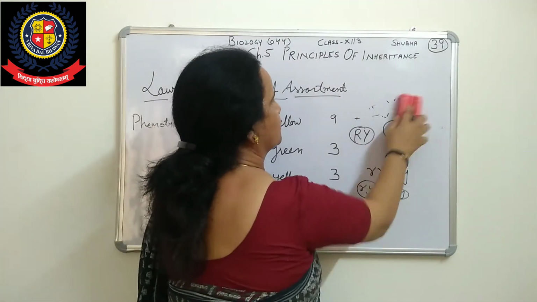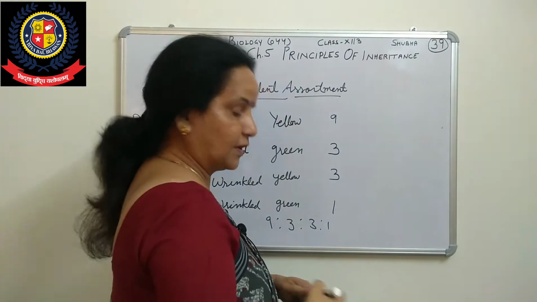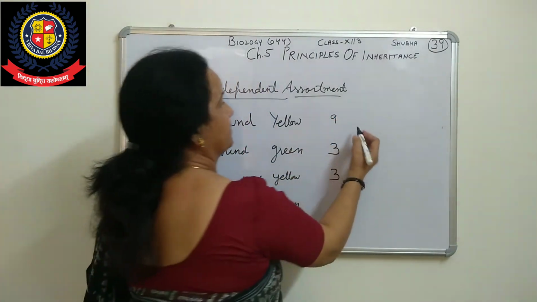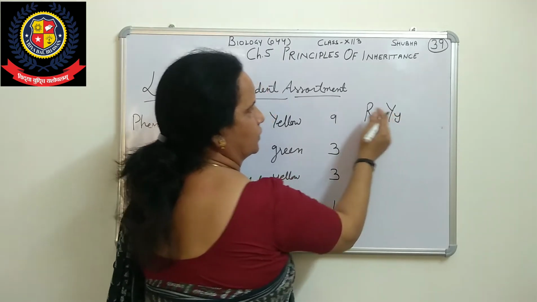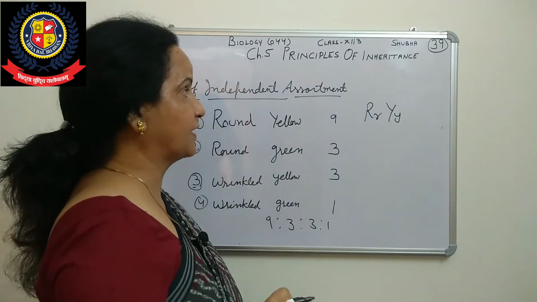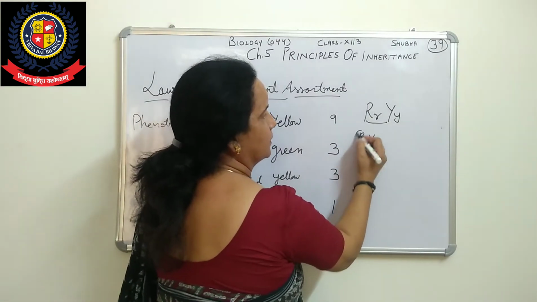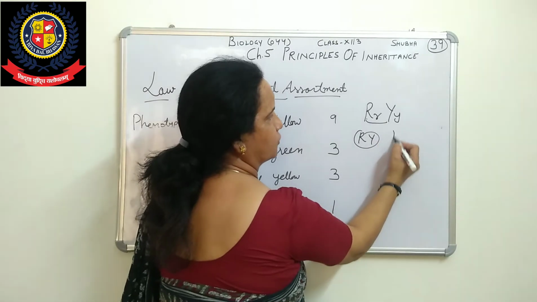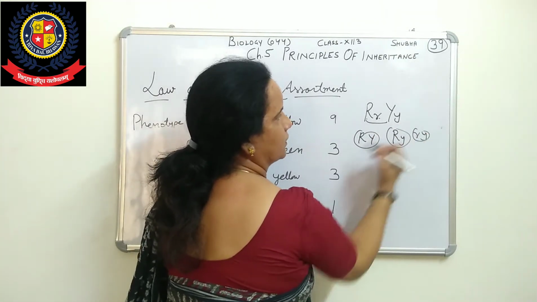Now here, suppose that will be in that way. Independent assortment means how the gametes are separated. Suppose we have got like this. It will be again how the gametes are forming. Means independent, that will be combination of this one, then combination of this one also, and combination of this one also.